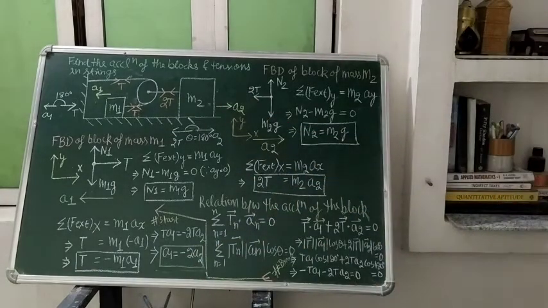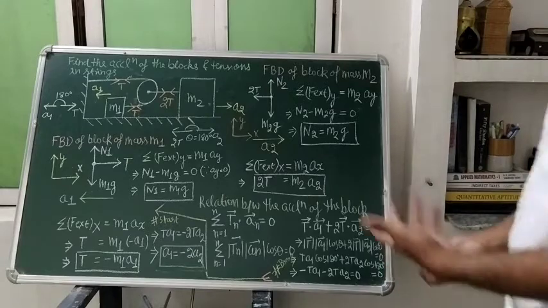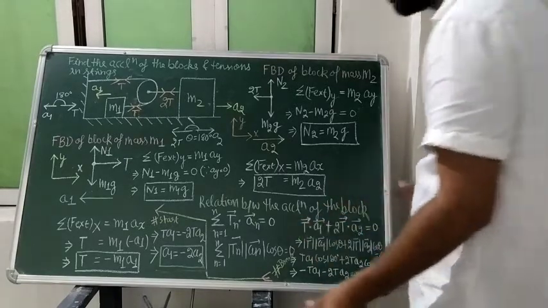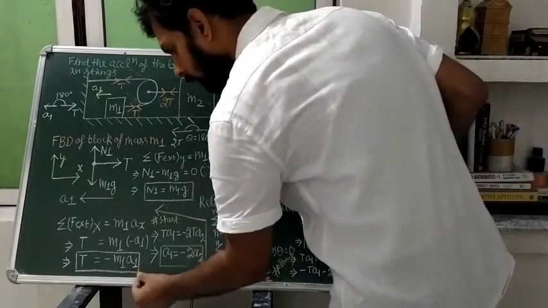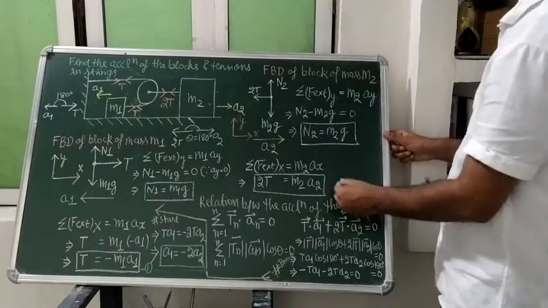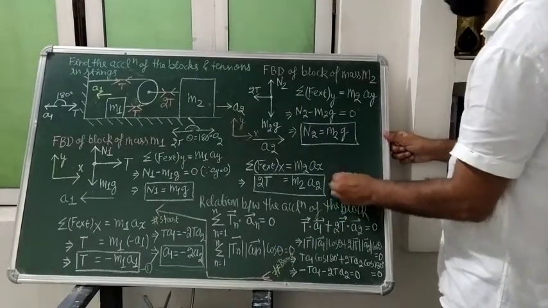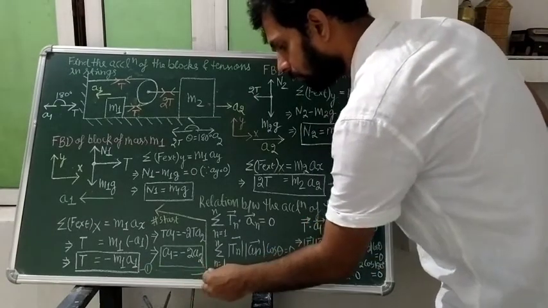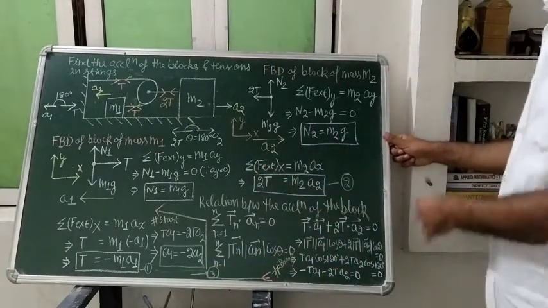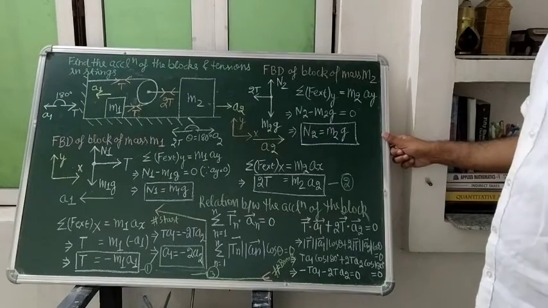You can write up to here, and of course we are getting 3 equations. Suppose this one is equation number 1, this one is equation number 2, and here is equation number 3. There are 3 unknowns, and we have got 3 equations.